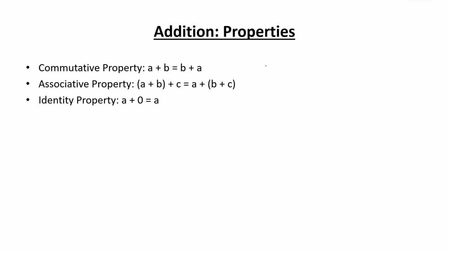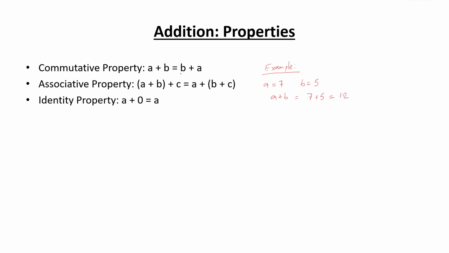For example, let's see one example, the same example I took in the previous slide. Let's say A is equal to 7 and B is equal to 5. Okay. Now A plus B means 7 plus 5 and that is equal to 12, right?